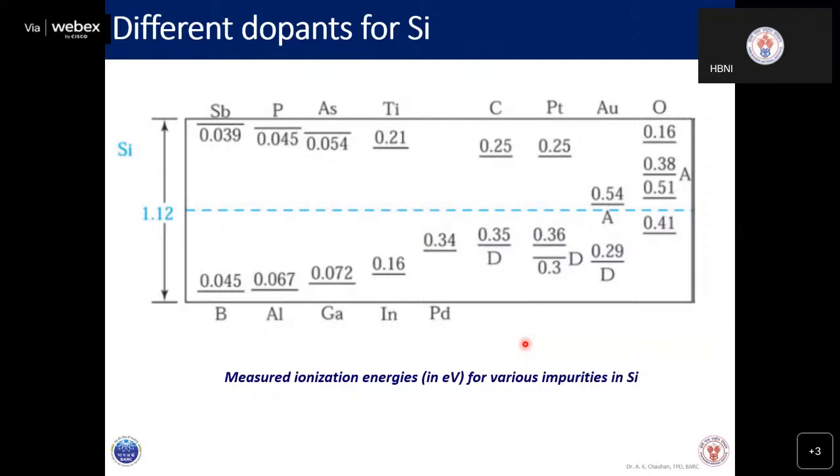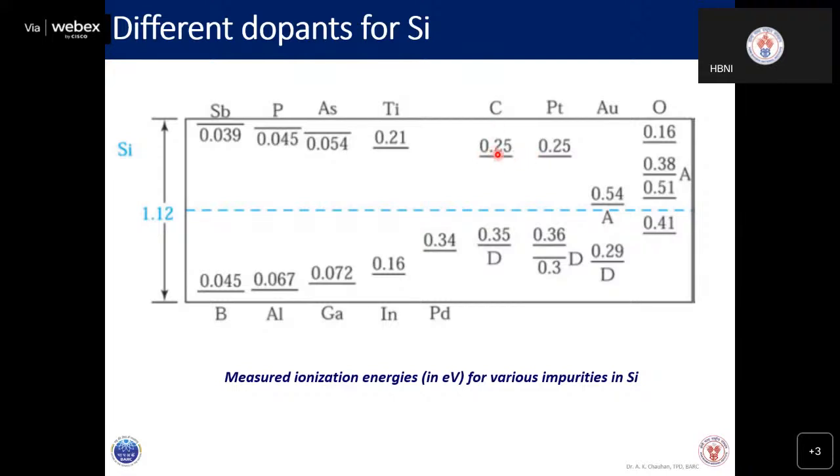There are some other dopants also which can be used, in particular in the case of silicon, which has a band gap of 1.12 electron volt. So these are the ionization energies. Ionization energy is the energy by which you can lift an electron from certain levels to the conduction band in the semiconductor.